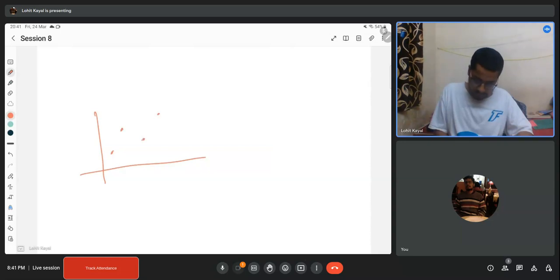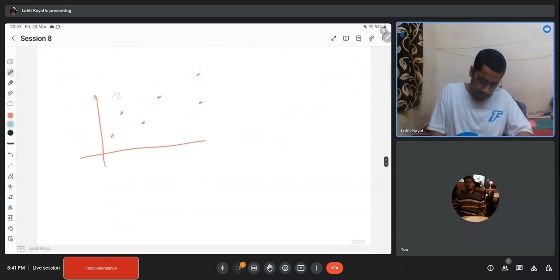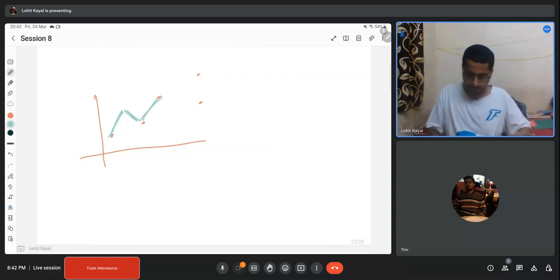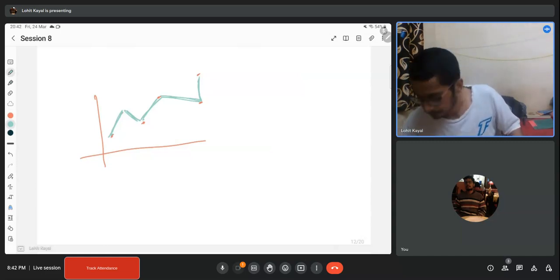Here we consider only this point, then this, then this. We proceed piecewise. It has different types: linear, quadratic, cubic.